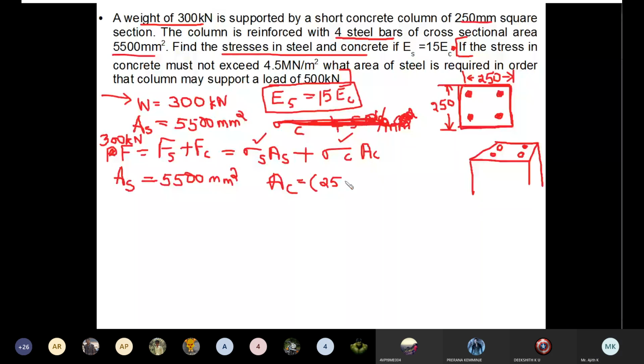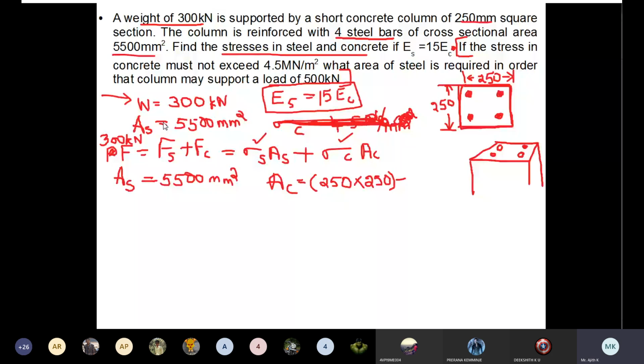But to get the area of concrete alone, you have to subtract the area of steel, which is 5,500.